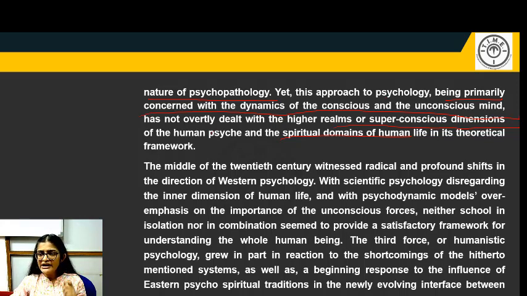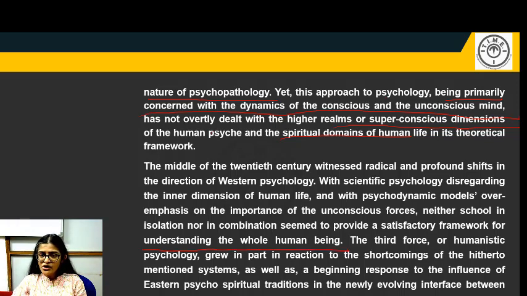And with psychodynamic models, that is psychoanalytics, overemphasis on the importance of the unconscious forces, neither school in isolation nor in combination. Neither of these two schools, scientific or psychoanalytic, either taken separately or together, seemed to provide a satisfactory framework for understanding the whole human being. This was the weakness of both of these.